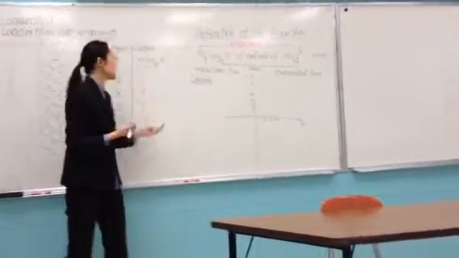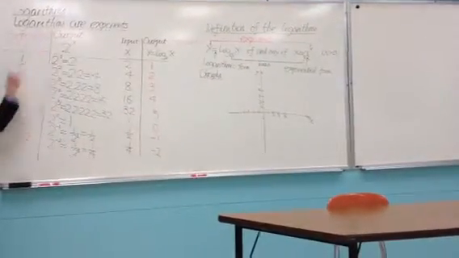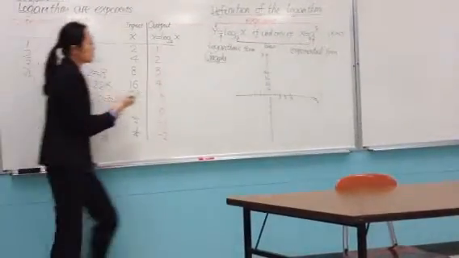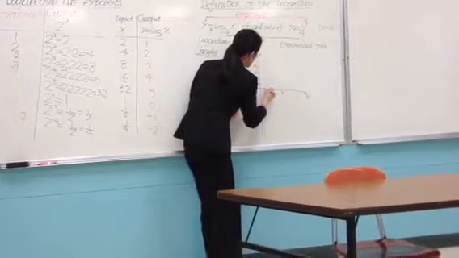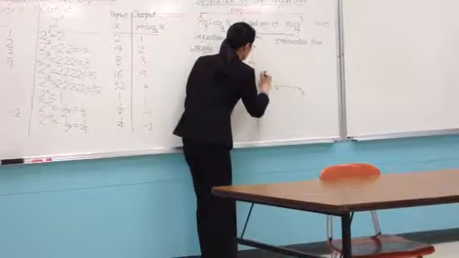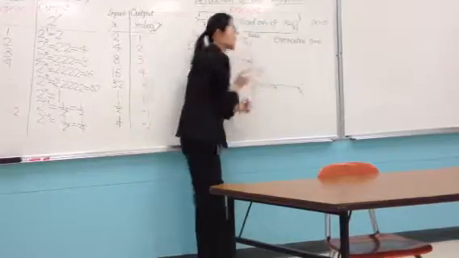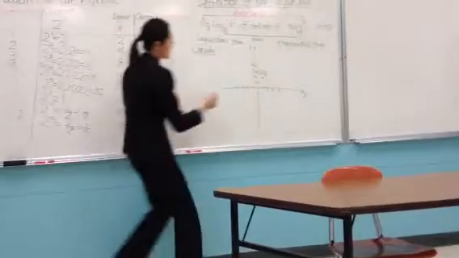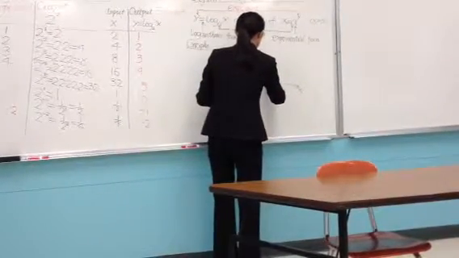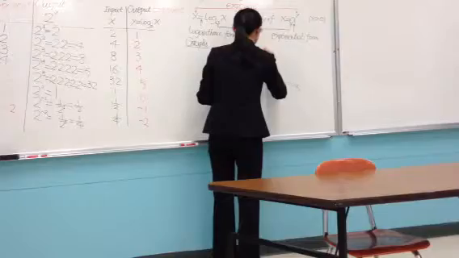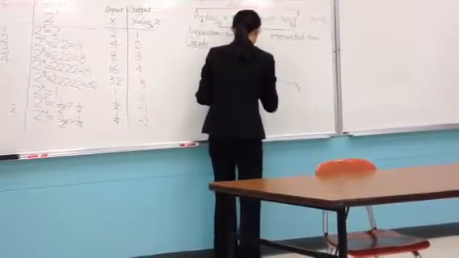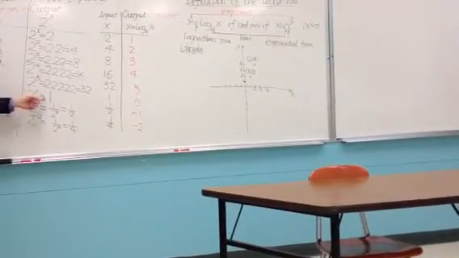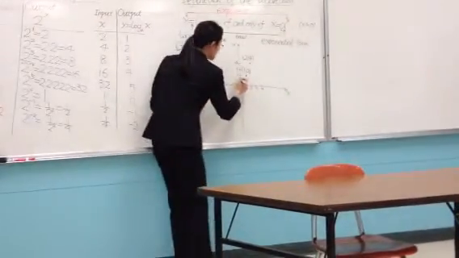Recall last week we studied the graph of the exponential function. Okay, let's review. So this pair 1, 2 corresponds to a point. Let's draw the point. Go right 1, go up 2. Okay. Now this point 2, 4. This one corresponds to 0, 1, which is this point.